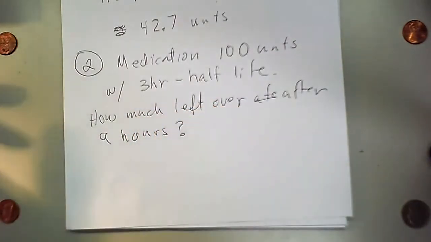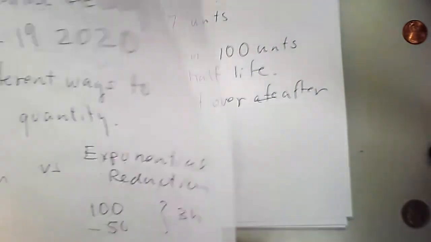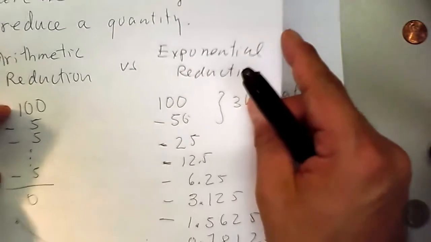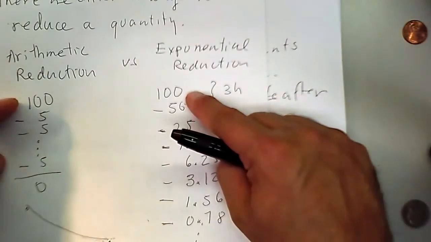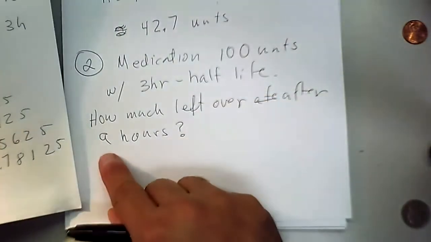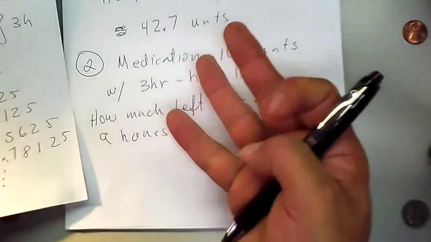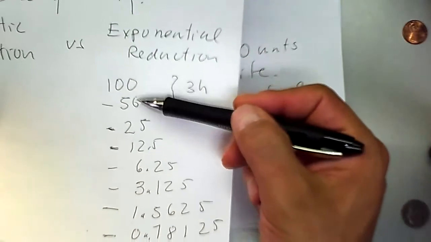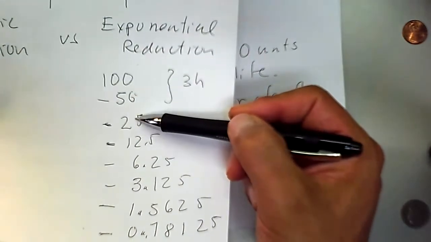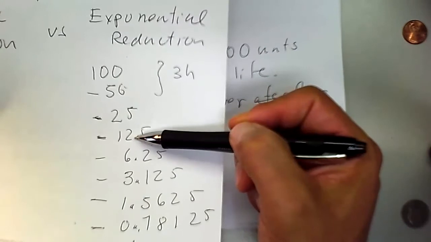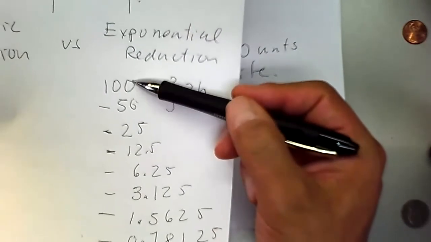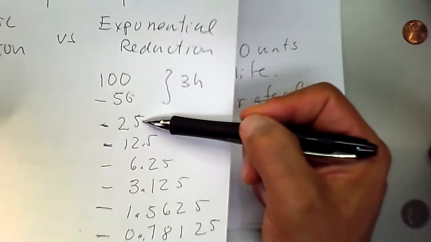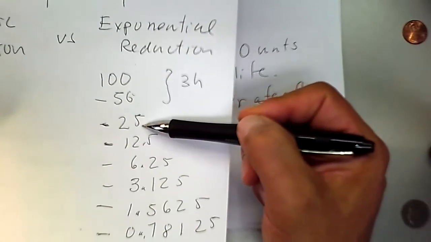The answer is easy. We are using exponential, but we don't need a fancy calculator to do this. So 9 hours is actually 3 periods of 3 hours. So we go down half, that's one, half, two, half, three. That means that we are taking away 50, and then we're taking away 25, so that we're taking away 75 total.